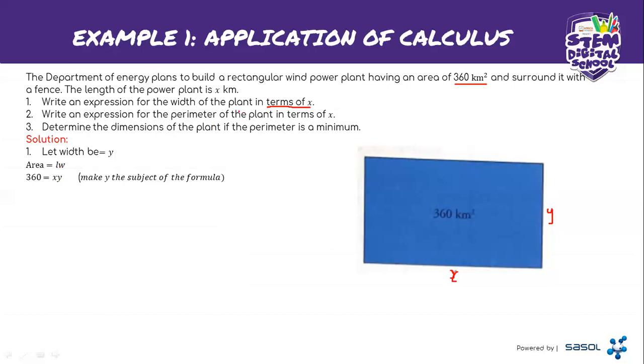Now, since they say we should express the width of the plant in terms of X, and we let the width be equal to Y, therefore we are going to make Y the subject of the formula, so that we make width in terms of X. When you solve for width, it should have X. In this case, it's very clear that we're going to divide by X, so that we can obtain Y equals 360 over X, right?